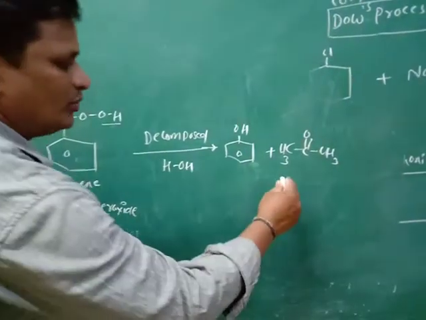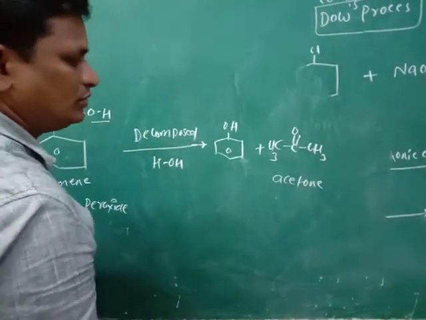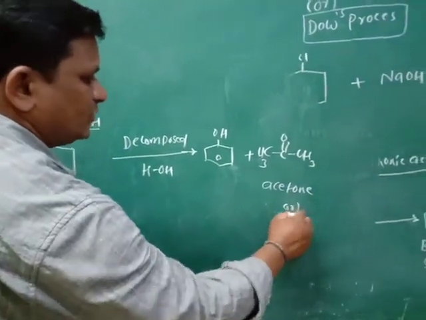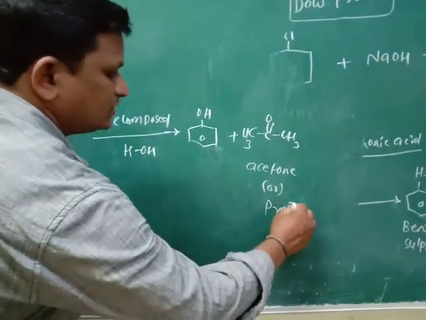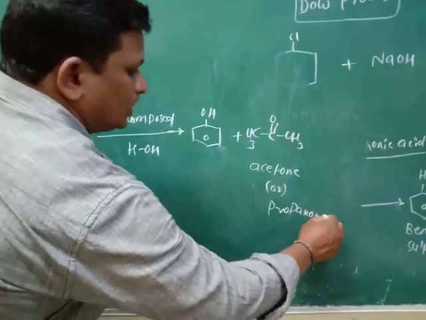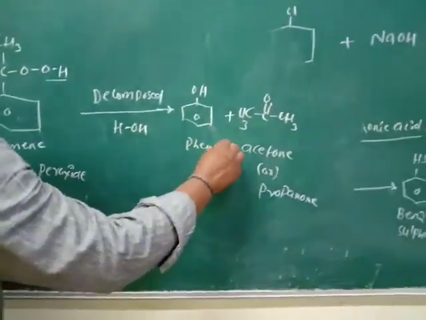The obtained compound is acetone, its common name. Its IUPAC name is propanone, one of the ketones. The other obtained compound is the phenol.